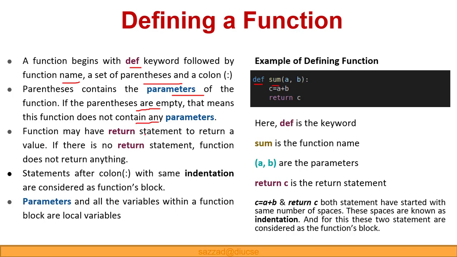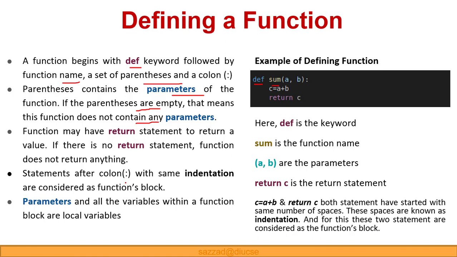A function may have a return statement to return a value. If there is no return statement, then the function does not return anything. So we can have a return, or sometimes not include any return, and in that case it does not return anything to the calling function.